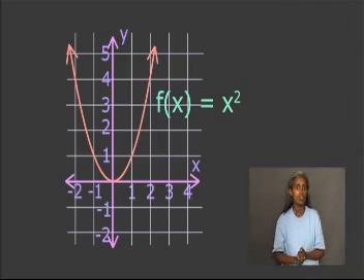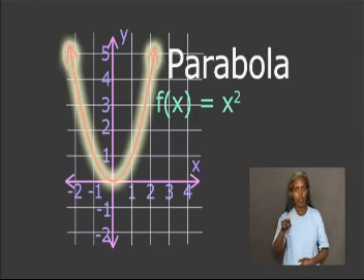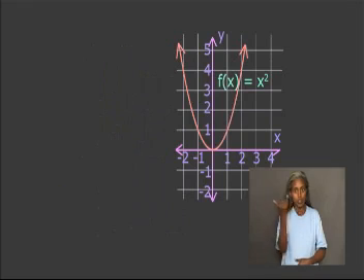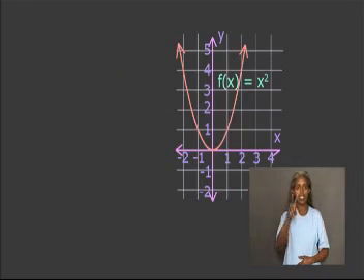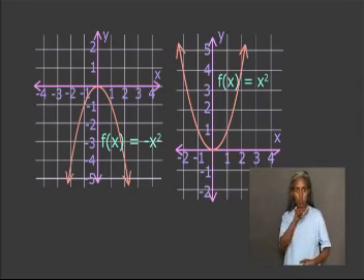Instead of a straight line, the graph of a quadratic function is a curve known as a parabola. If we were to draw the graph of the quadratic function f of x equals negative x squared, the parabola would look like this. From these examples, we can observe several properties of the graphs of quadratic functions.